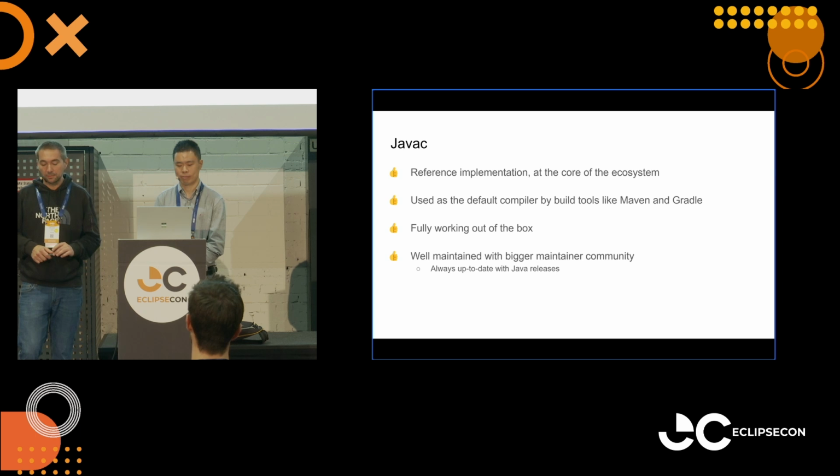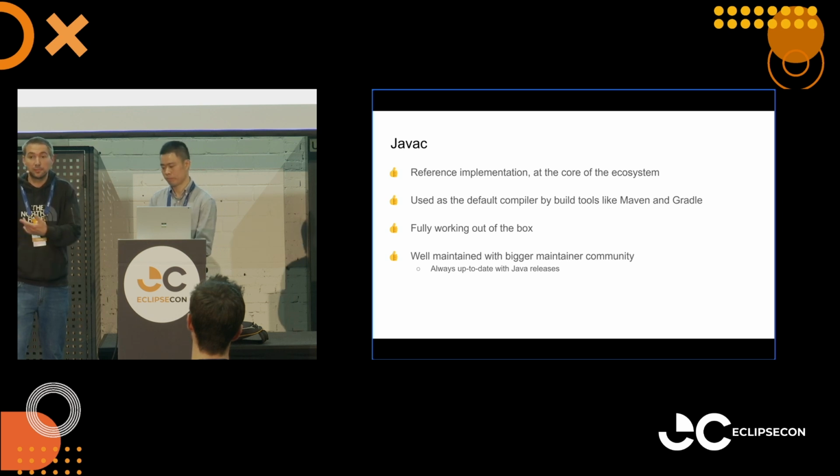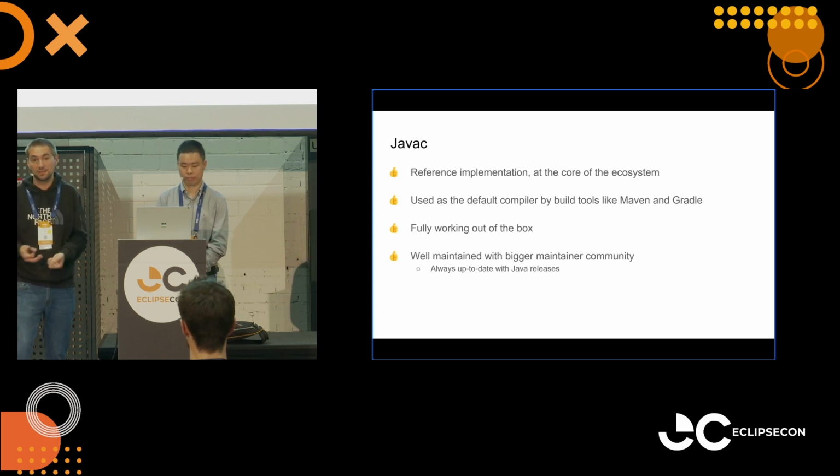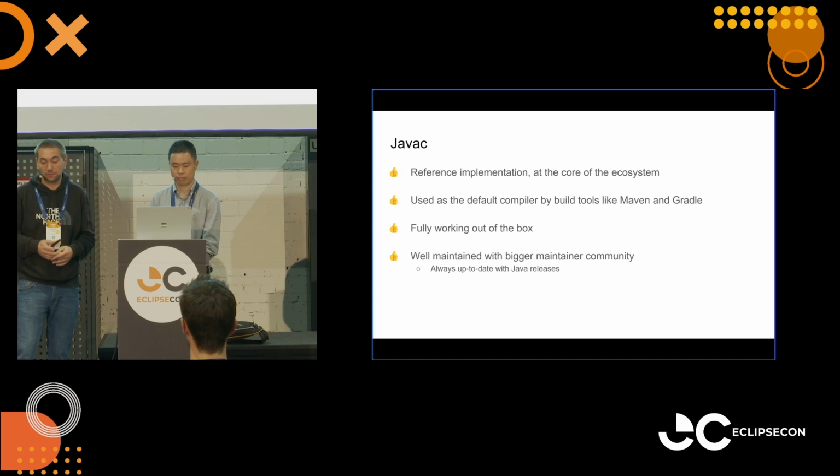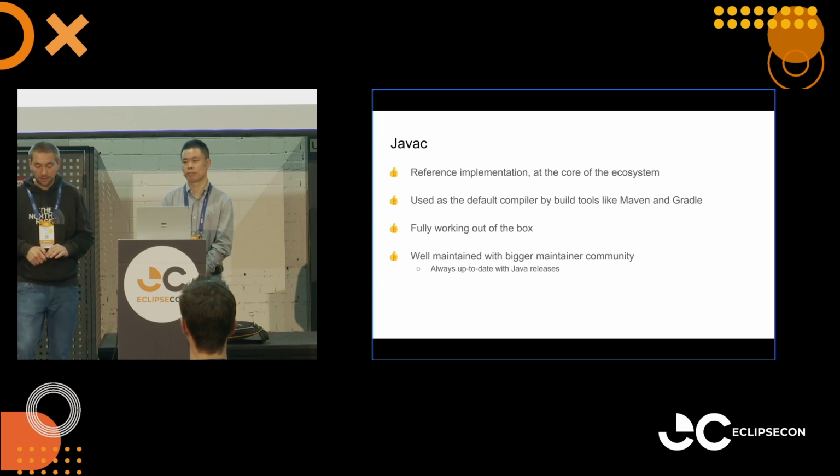It's fully working out of the box. It's fully working also with new Java releases because Javac is part of OpenJDK. Javac is always up to date with the Java specification, which is pretty convenient. And this is also because the maintainer community is bigger. There are more people working on Javac than on ECJ, so they can do more work faster.